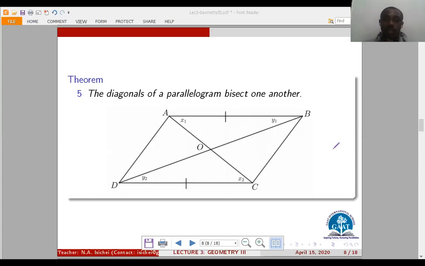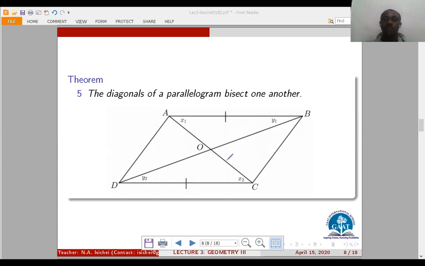You discover that the diagonals bisect each other, meaning that the distance from O to B will be equal to the distance from D to O. Similarly, the distance from A to O will be equal to the distance from C to O. So please confirm this from the construction.